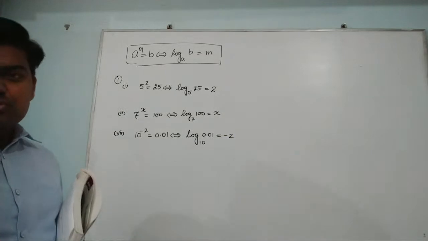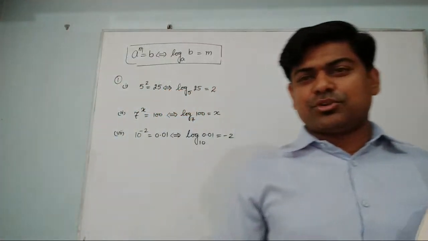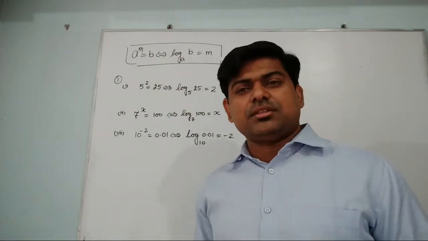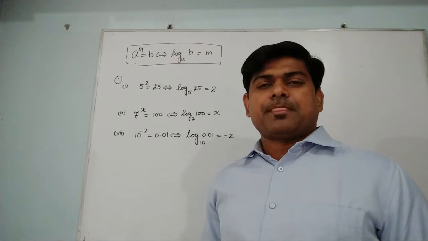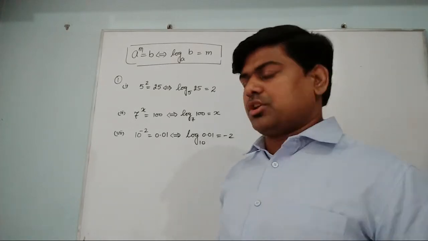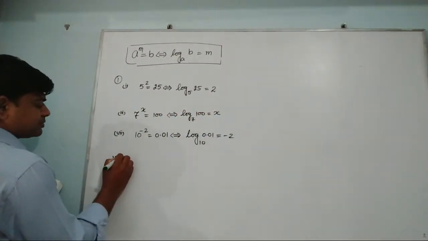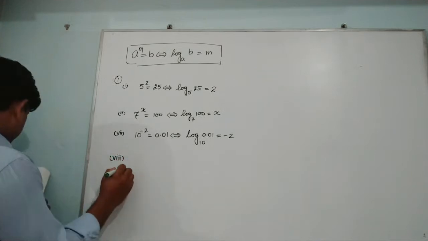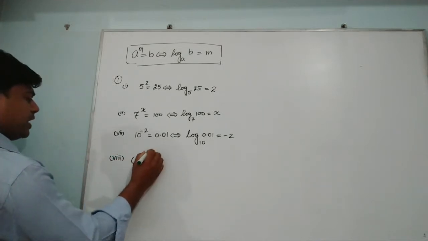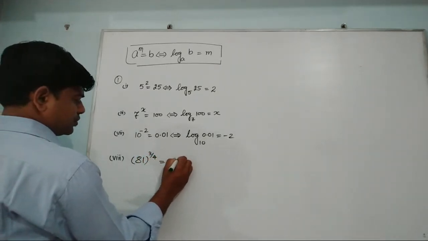Now ask yourself, is it so difficult? I don't think it is very difficult for you. It's an easy topic. If we know the concept of indices, definitely it is very, very easy for you. One more is there, you can see the last part of this question: 81 to the power 3 upon 4 is equal to 27.